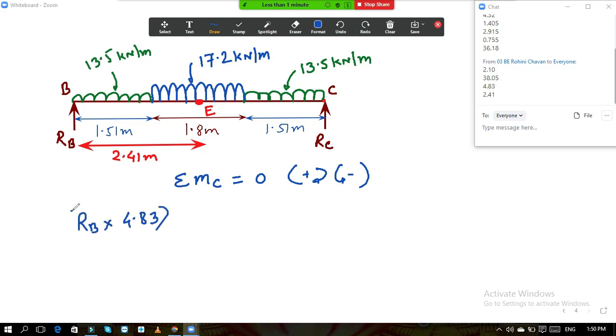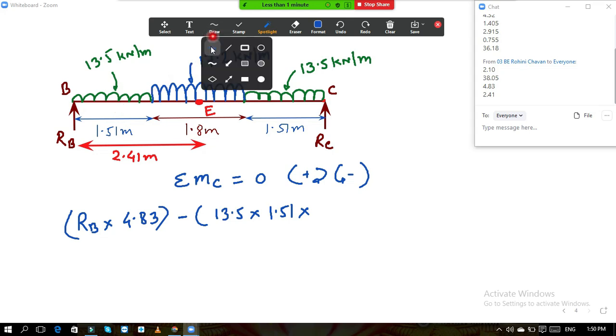4.83, it is moving up, so plus. Minus this UDL, 13.5 into, convert this UDL into the point load first, 1.51 into, it will act at the center over here. So from point C, we need to calculate its distance. What is the distance now?